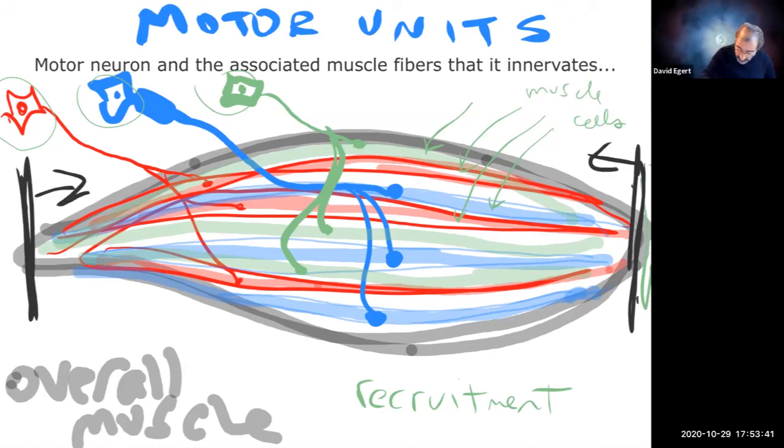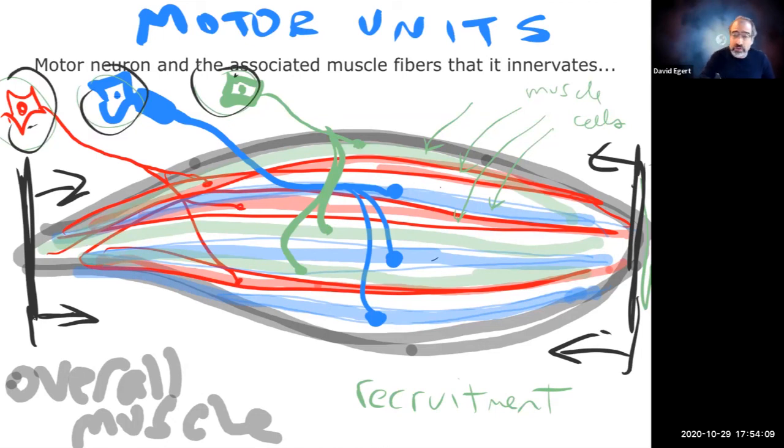Right? If I want to have a gentle contraction, I want to caress somebody's face, I'll just turn on a couple of these things and have a very gentle pull. Let's say I'm trying to, again, punch a hole in a wall. I want as much force as I can get. I'm going to turn on all of these, and all of these fibers are going to be working in parallel and generate a very strong force.